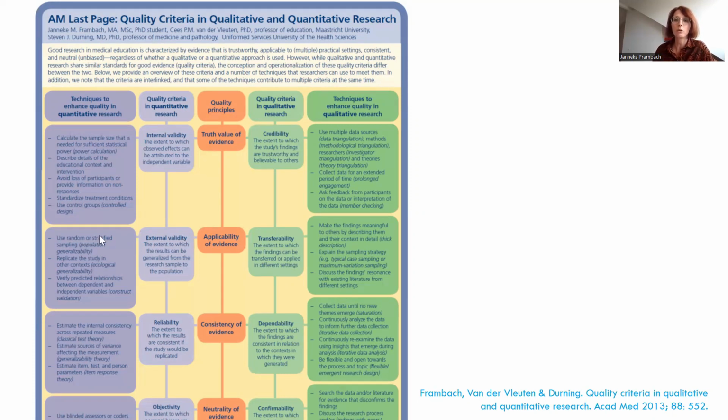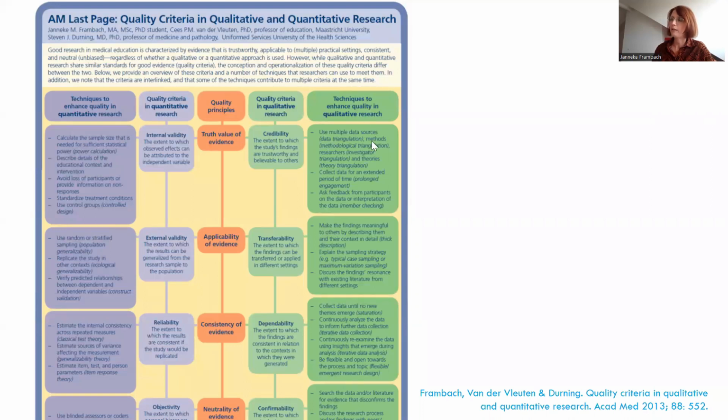So those are also things that we think about in qualitative research, but they are expressed in a different way. For example, the truth value of evidence, which would be internal validity in quantitative research, we would call credibility in qualitative research, where it's about the extent to which the study's findings are trustworthy and believable to others.